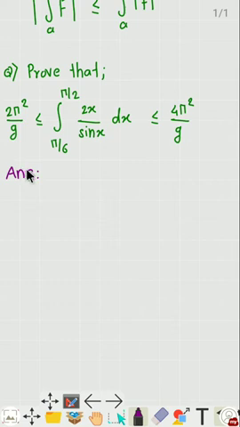The function used here is the sin x function.